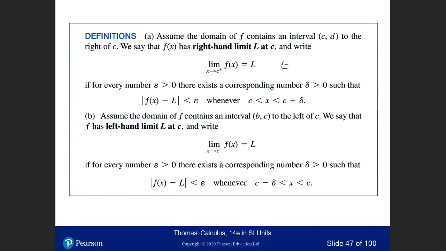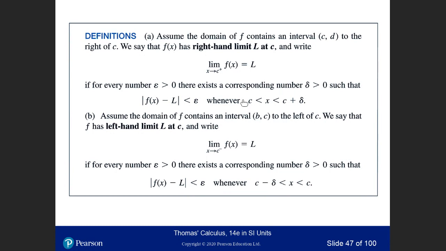Now we say that f has right-hand limit L at c if for every epsilon greater than 0 there exists alpha greater than 0 such that |f(x) minus L| is less than epsilon whenever x is in this interval. When x is in this interval, this should hold for all x.